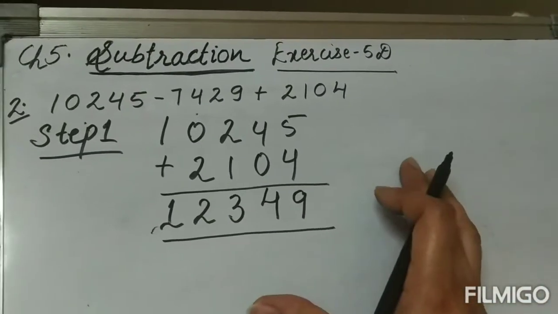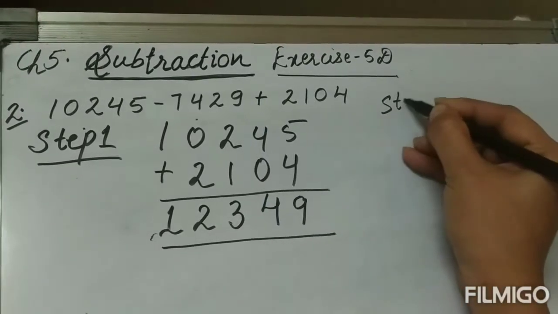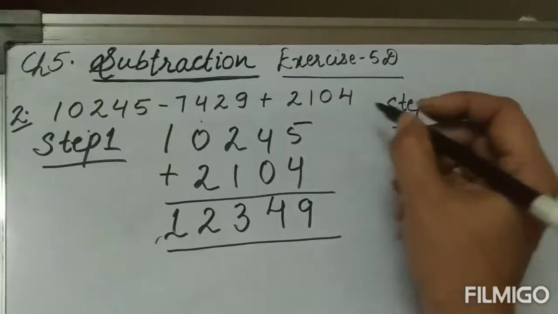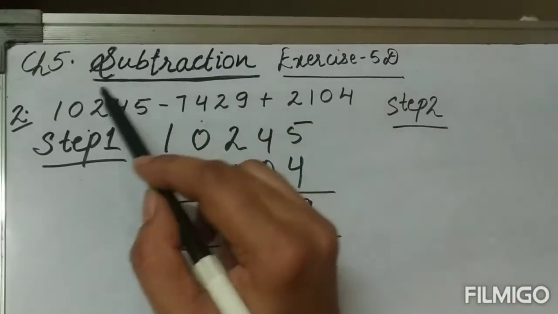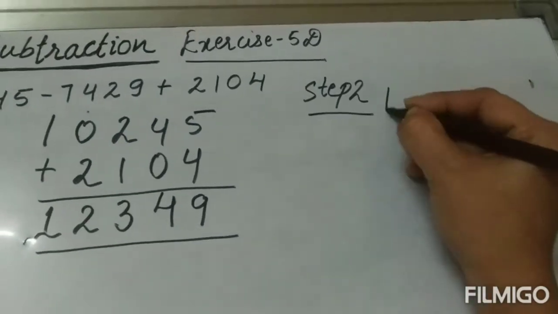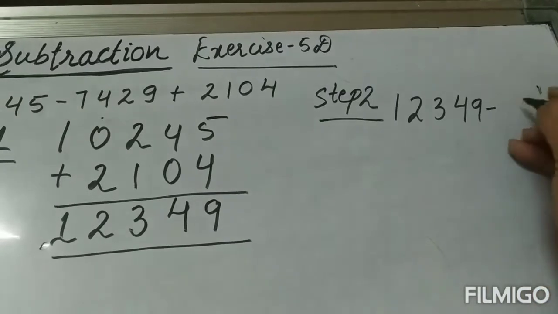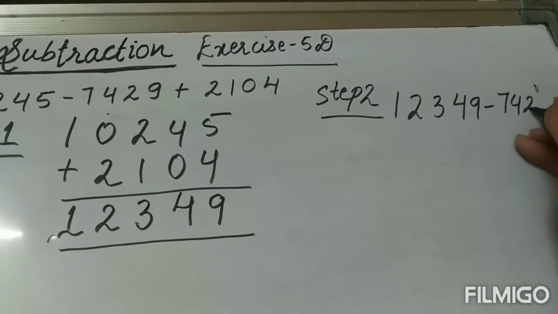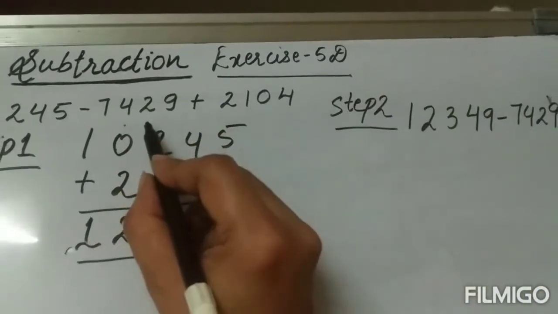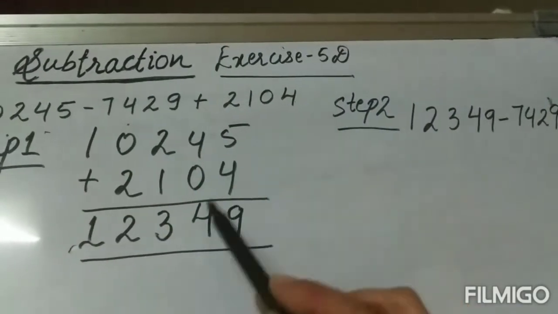Okay, we will add these two numbers, and in step 2 we will subtract this number from the sum of these two numbers. That means our sum has become 12,349 minus 7429.